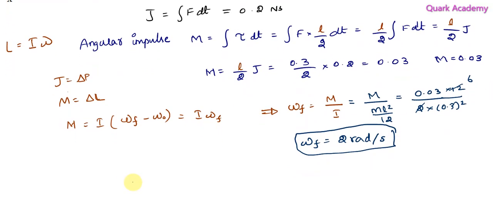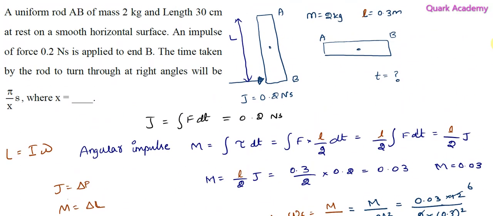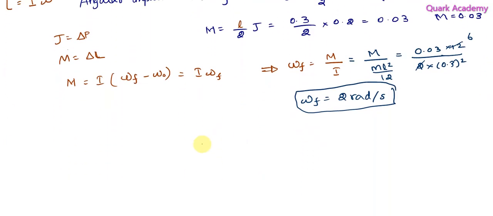Now we want time period. Somehow we know the angle also, the angular displacement also, that is 90 degree, because initially it is like this, then it turned out to be right angle, which means 90 degree, or I can write it as pi by 2 radians. Now this omega angular velocity, we can write it as angular displacement by time taken. Here we want time taken, which is angular displacement by angular velocity.